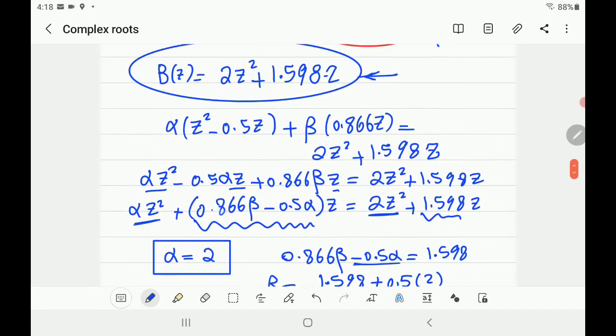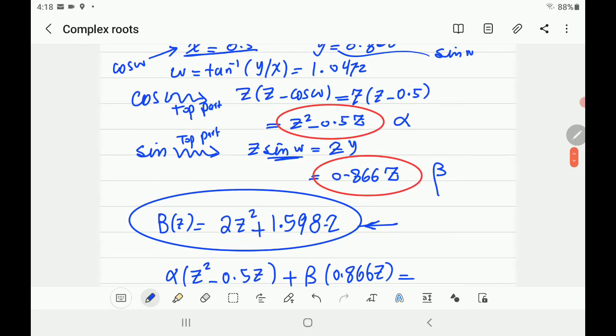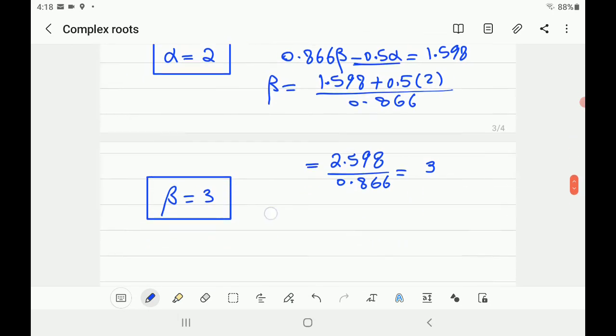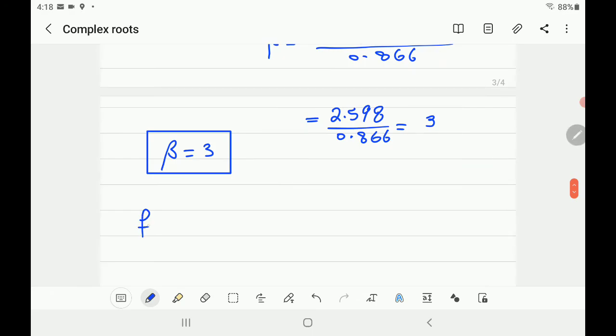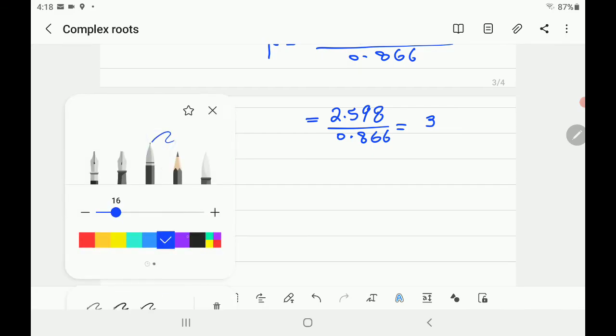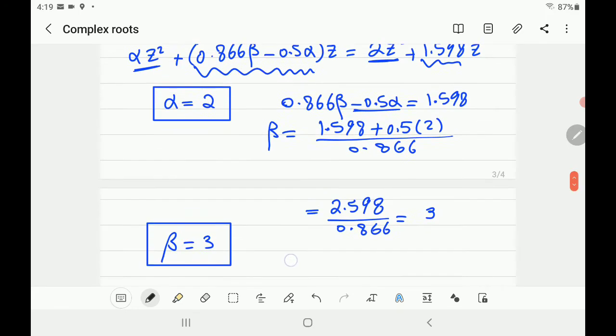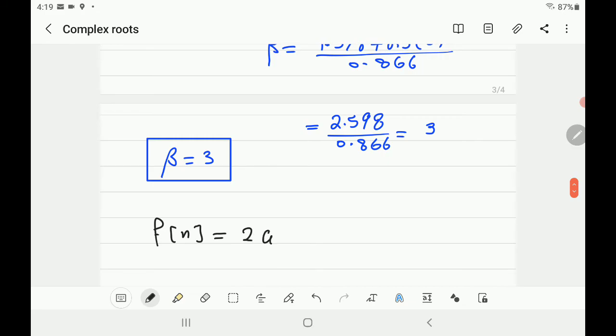What does it mean? Remember, alpha is related to the cosine and beta to the sine. It means I got 2 of the cosine plus 3 of sine. So now my function or sequence f of n is equivalent to 2 times cosine omega n u[n] plus 3 sine omega n u[n].